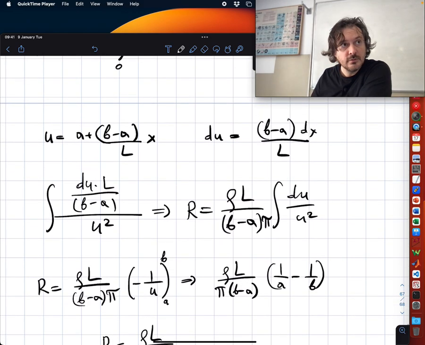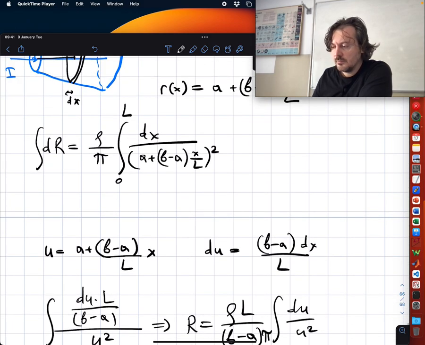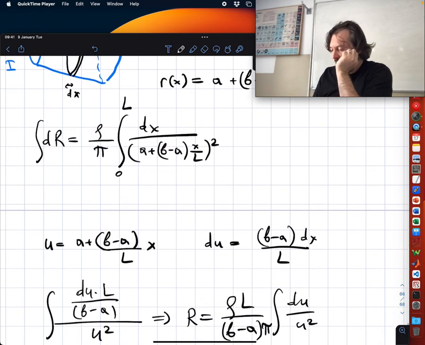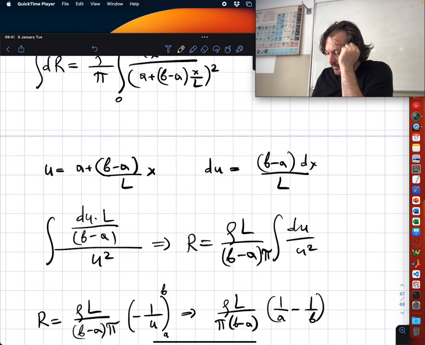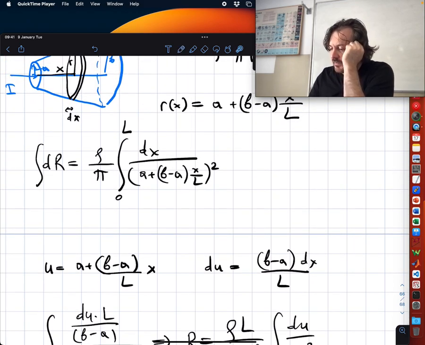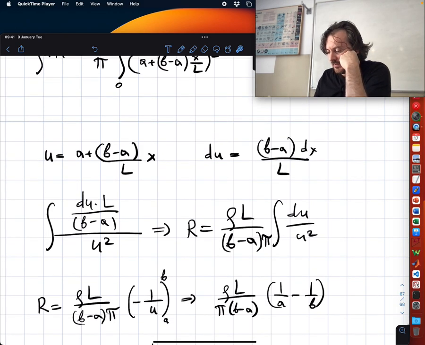Further? Yes, tell me. I am a bit confused. We didn't integrate from 0 to L instead of A to B. That's a very good point. I did integrate from 0 to L when it was dx. Then I changed to du. Then at the end, I realized that I can just use the u limits because they are simpler.